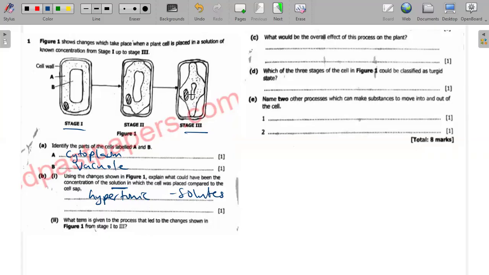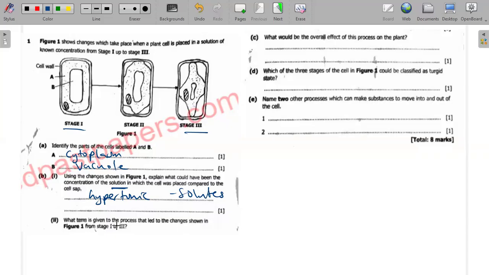Hence causing this at stage 3, you see, to shrink or to move so far away from the cell wall.